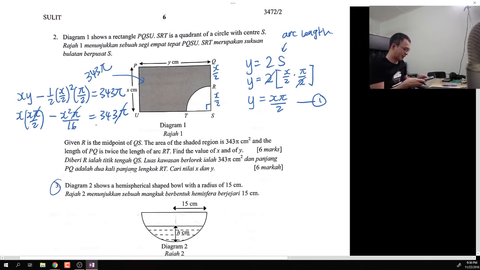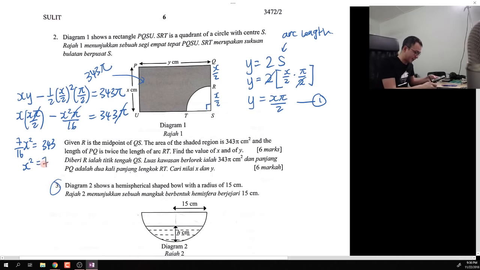So I type in the calculator 1 over 2 minus 1 over 16. So I will have 7 over 16 X squared equals 343. Then I will know X squared should equal 343 divided by my answer just now.